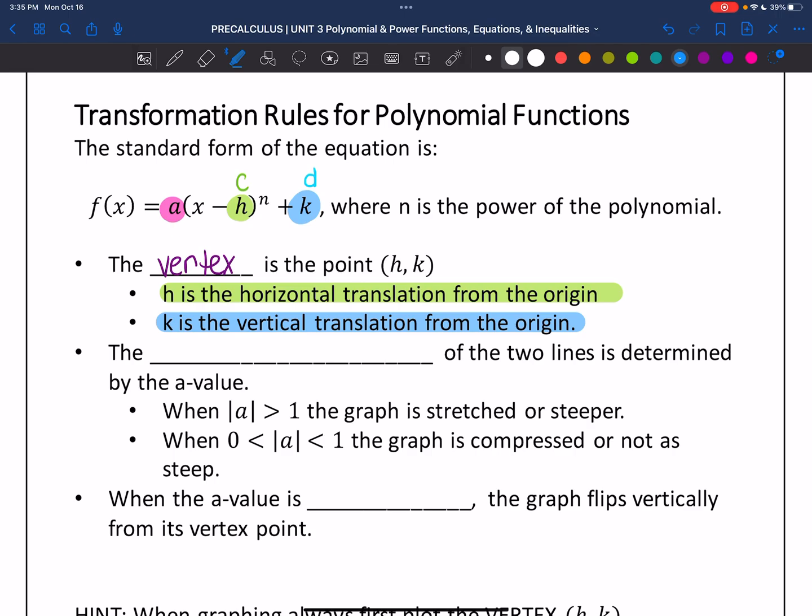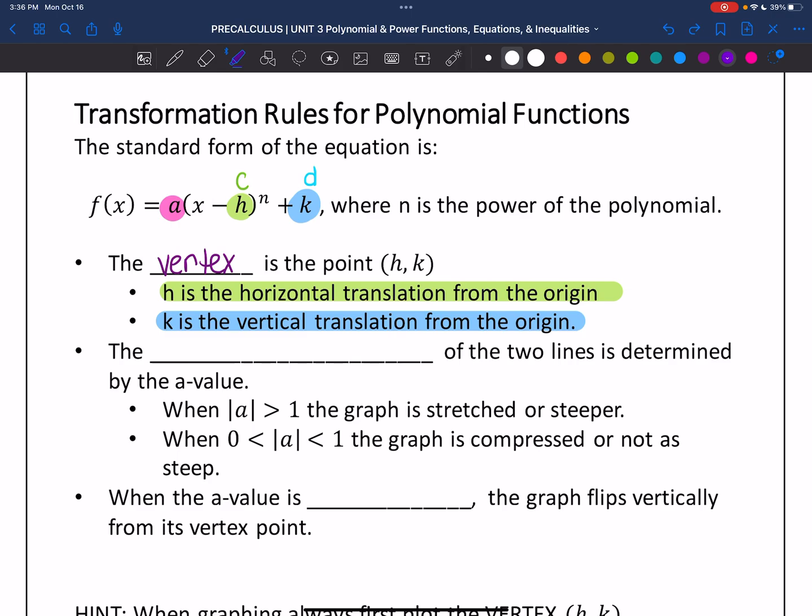Now, this line of symmetry is determined by our a value. But what I want us to write in here is not just where our line of symmetry is occurring, but I want us to make a note that the slope or the rate of change is a better way of saying this.